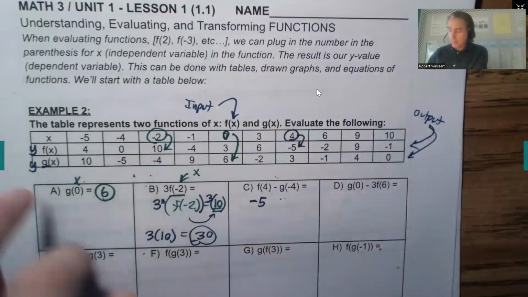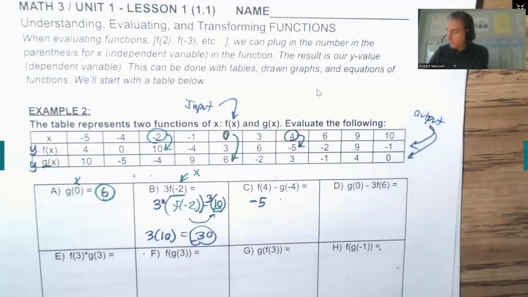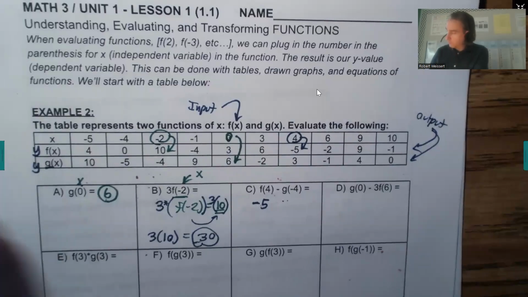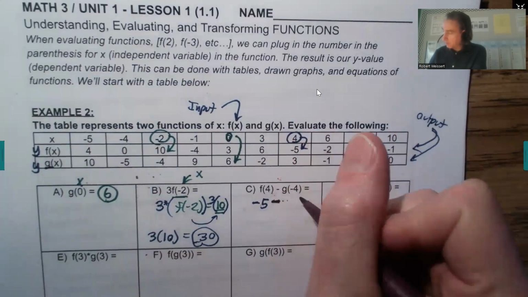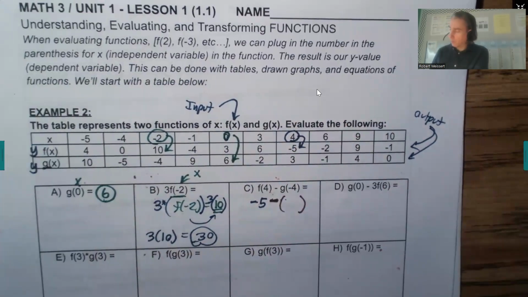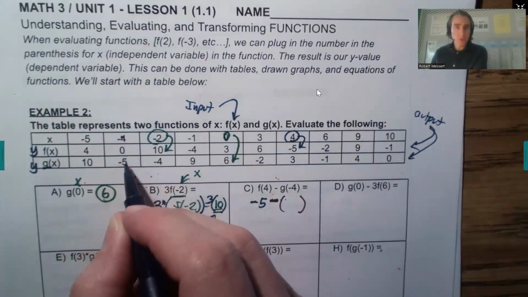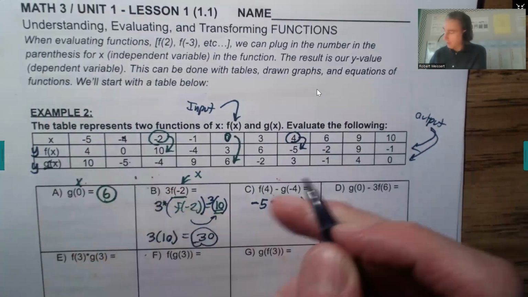Now we want to subtract g of -4. So we're going to minus g of -4. So g of -4, g is -5.